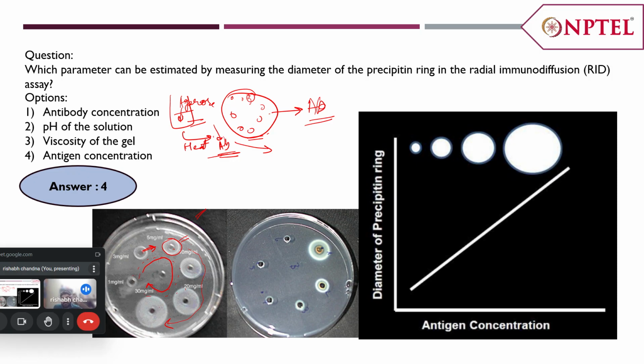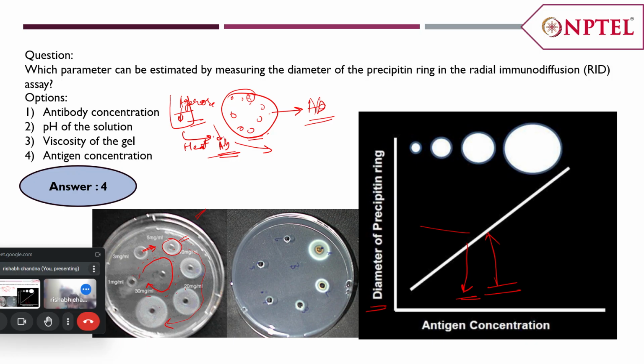Based upon the diameter of the precipitin ring, we can form a graph and estimate the antigen concentration inside that particular well. For this, we have to form a standard curve, and based upon that, we'll be able to detect the antigen concentration of the unknown sample. So this is how the radial immunodiffusion assay takes place.